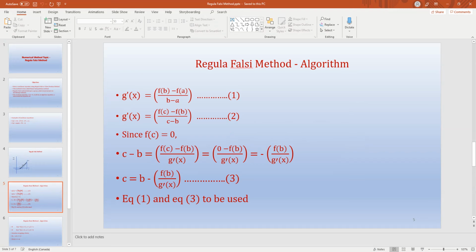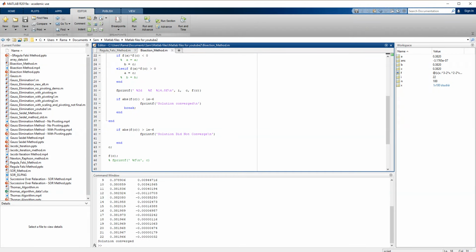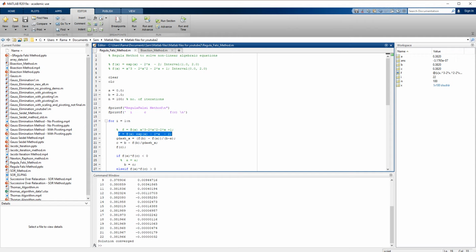We can now go to the MATLAB program and try to solve the second problem. So the transcendental problem, f of x equals exponential e power x minus 2 times x minus 2. And we picked a and b as 0 and 2.